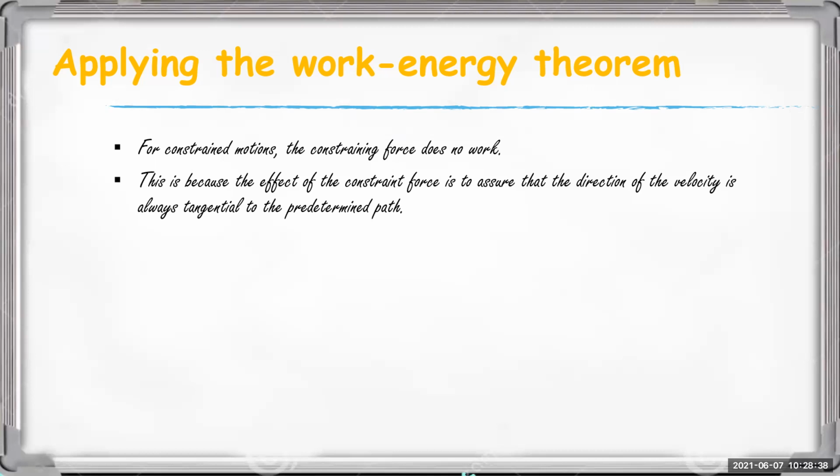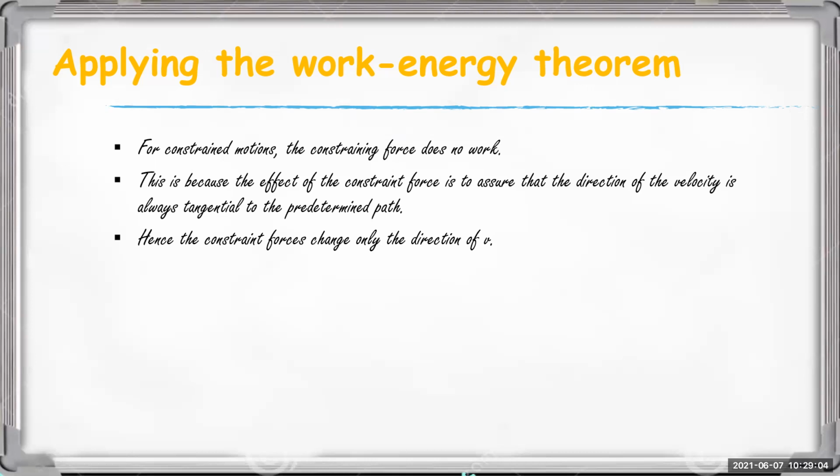Then the direction of the velocity at any instant must be tangential to that circle. Hence, the constraint force changes only the direction of v.